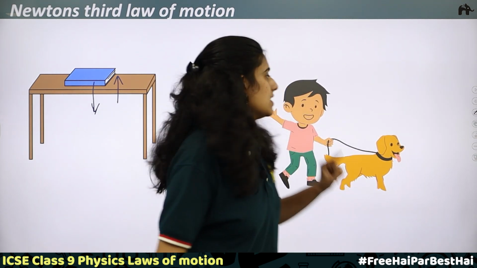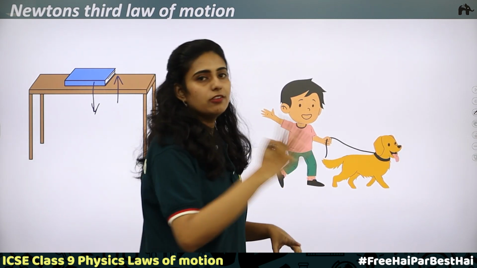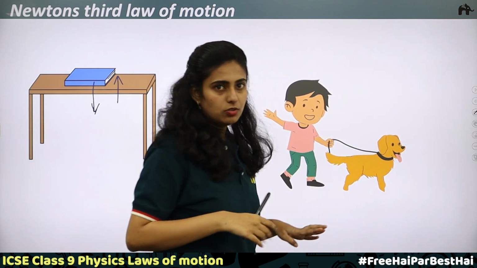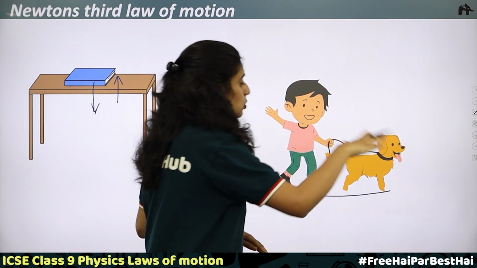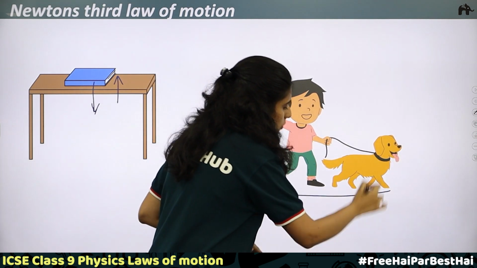Now take the second example. Here you can see a boy and a dog moving forward. How are they moving forward? They are applying a force on the ground, pushing the ground backward.